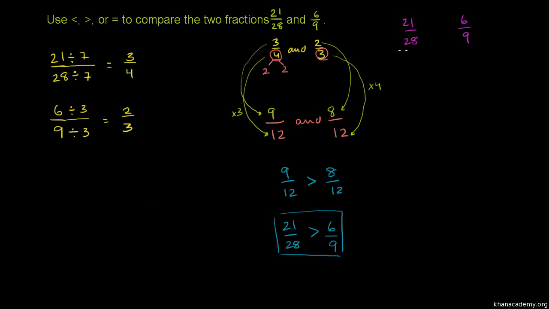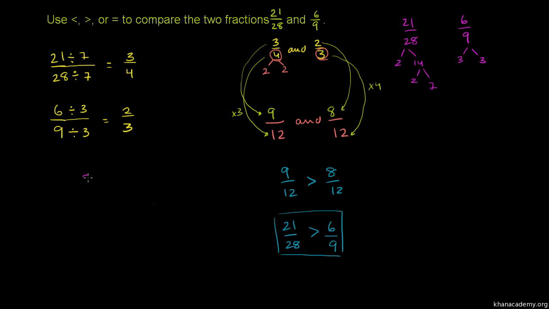So 21 over 28 and 6 over 9. What's the prime factorization of 28? It's 2 times 14, and 14 is 2 times 7. Prime factorization of 9 is 3 times 3. So the least common multiple of 28 and 9 has to contain a 2, a 2, a 7, a 3, and a 3. Or essentially, it's going to be 28 times 9.